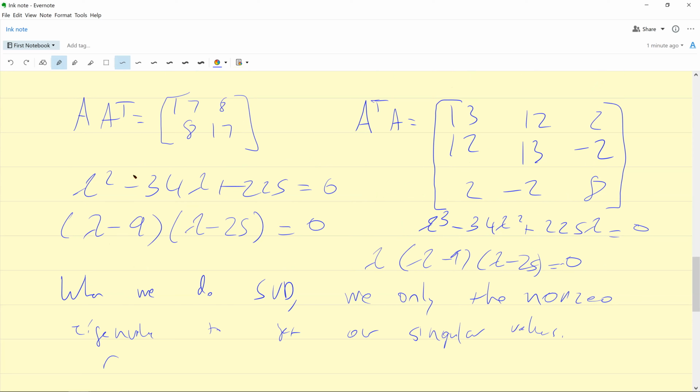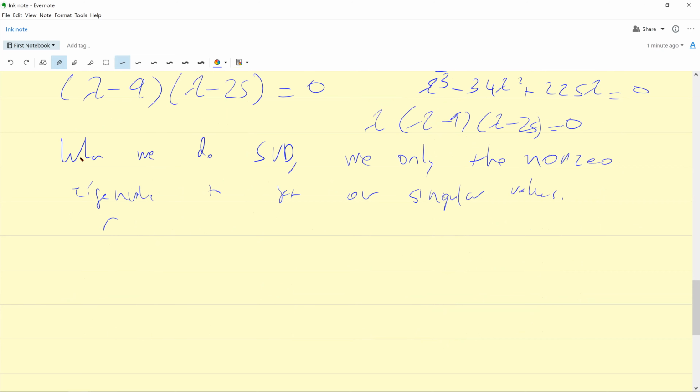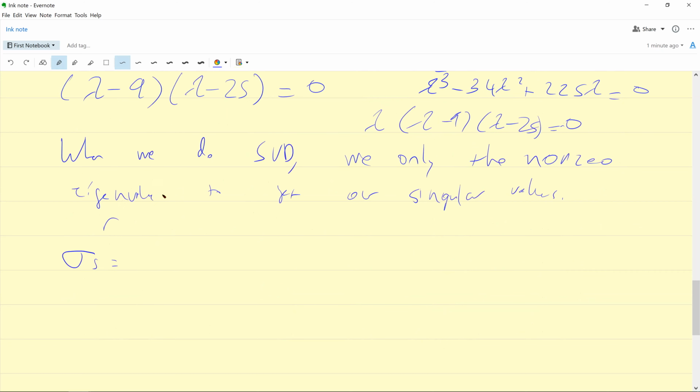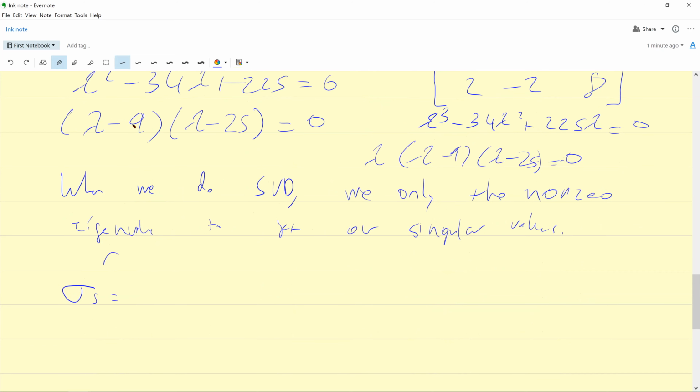Okay, cool. So now knowing that we can use the 2 by 2 matrix to get at least one set of singular vectors, let's find the singular vectors associated with 9 and 25. And I think I didn't emphasize this that much last time, but the singular values are going to be the square root of these eigenvalues.